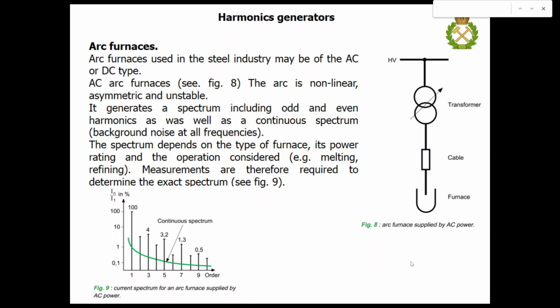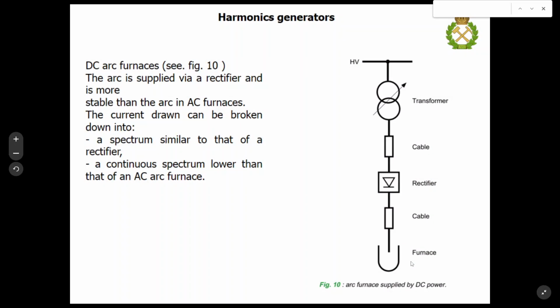They generate a spectrum including odd and even harmonics as well as a continuous spectrum. This spectrum depends on the type of furnace, its power rating, and the operation considered, for example, melting, refining, and so on. And according to the results of measurements, you may see the typical spectrum of harmonics for some earth furnace.